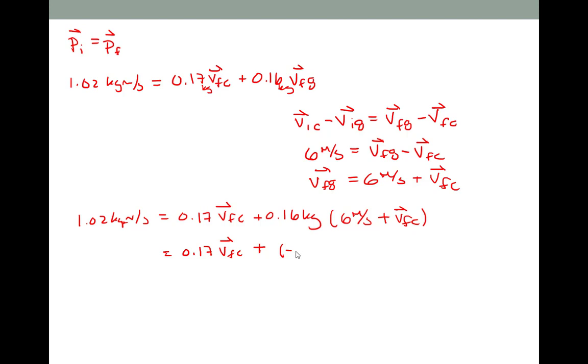Oh, hold on. In my notes, I solved it differently, so I'm going to have to just do this math on my calculator. It's okay. This works out to be a positive 0.96 kilogram meters per second plus 0.16 kilograms times the final velocity of the cue ball.